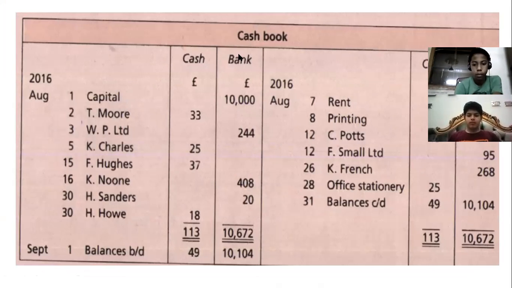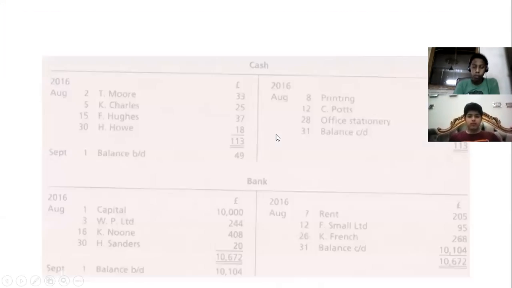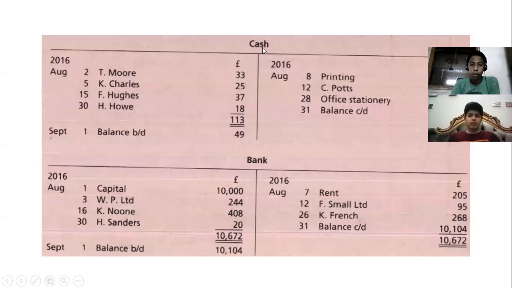So this is the cash book, and the cash book is a combination of two accounts. What are those two accounts? Those accounts are cash and bank. If you see the cash, all these you can see on the debit side: 33, 25, 20, 37, 18, and bank 1000, 244, 408, and 20.